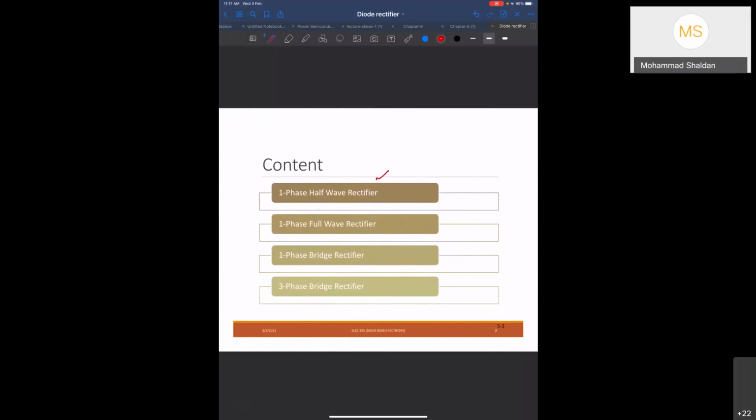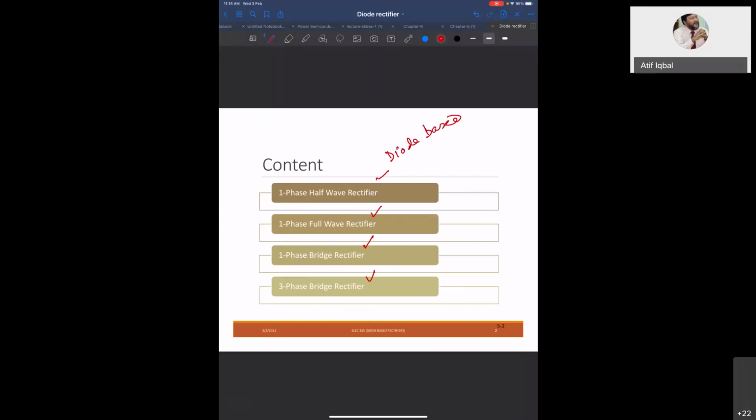Okay. So single phase half wave rectifier, single phase full wave rectifier, single phase bridge rectifier, and then 3-phase bridge rectifier. So this we will cover here. This is all diode based in this chapter, and the same thing we will repeat for thyristor based.